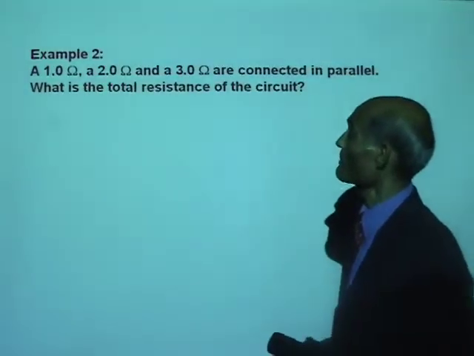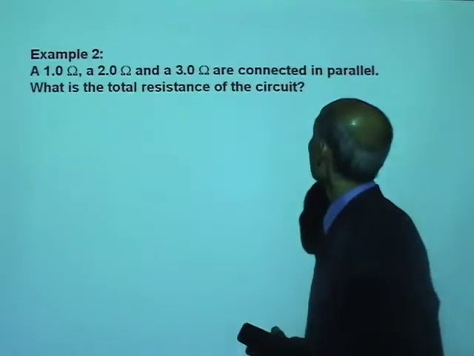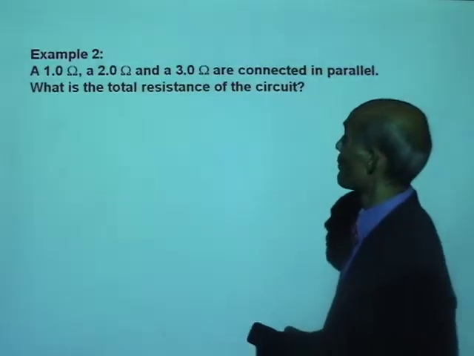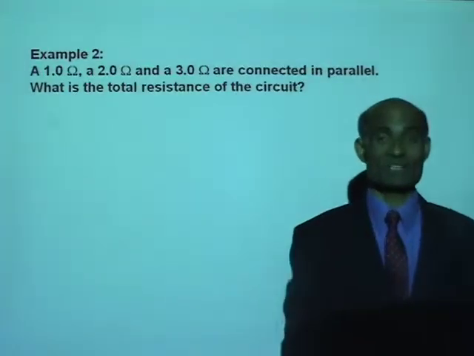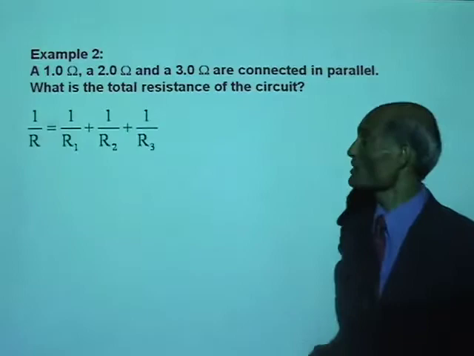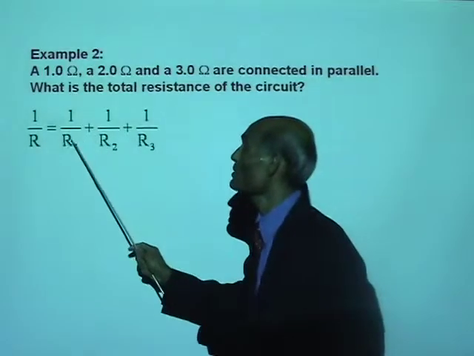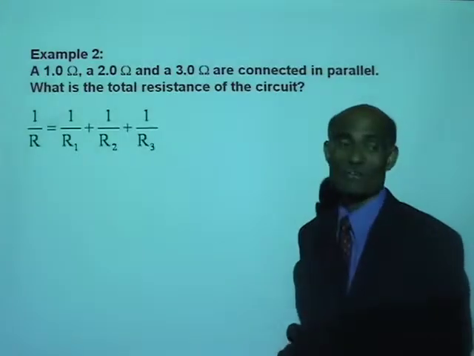A simple problem. A 1 ohm, a 2 ohm and a 3 ohm are connected in parallel. What is the total resistance of the circuit? Alright. Well, we go directly to the equation. 1 over R equal to 1 over R1 plus 1 over R2 plus 1 over R3.